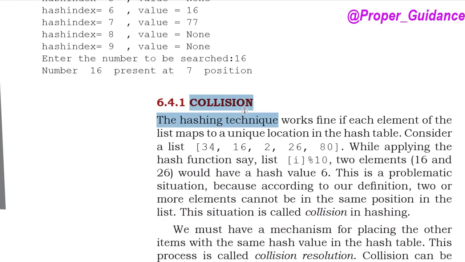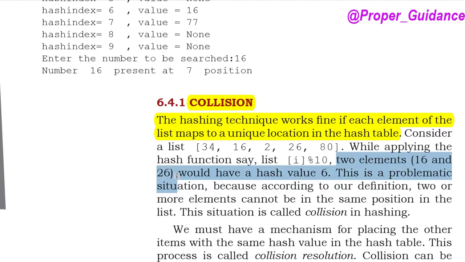Collision. What is collision? The hashing technique works fine if each element of the list maps to a unique location in the hash table, right? When we are taking the modulus, maybe the same modulus value you can get. While applying the hash function, say list I modulus 10, two elements 16 and 26 would have hash value 6, right?